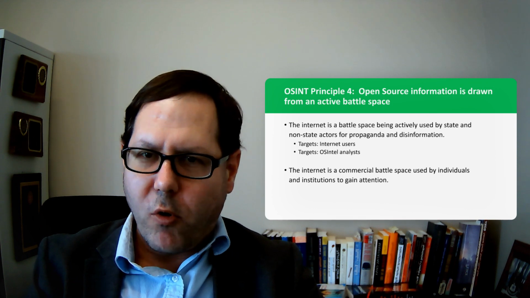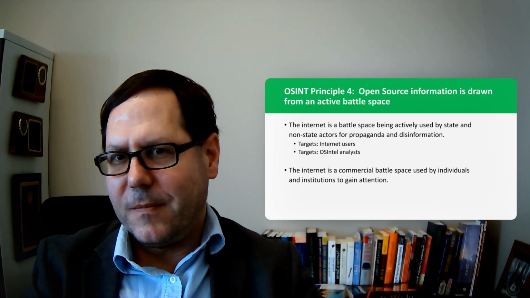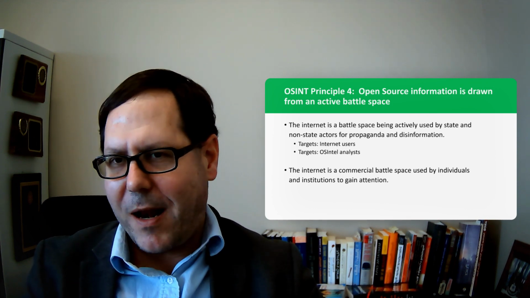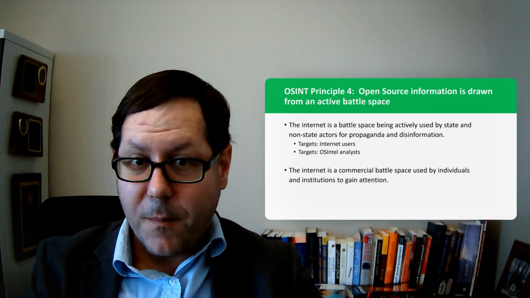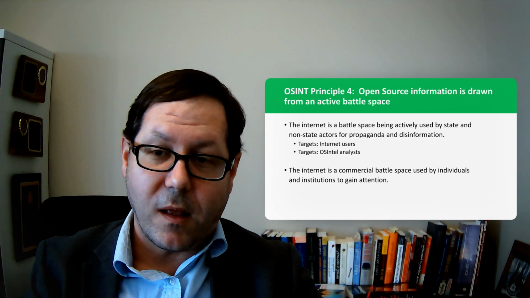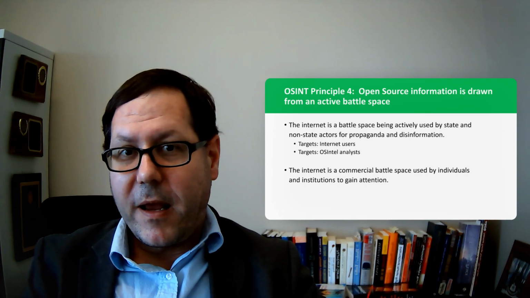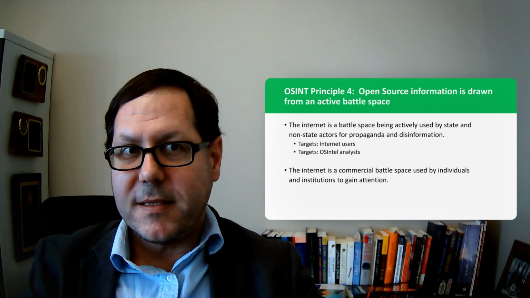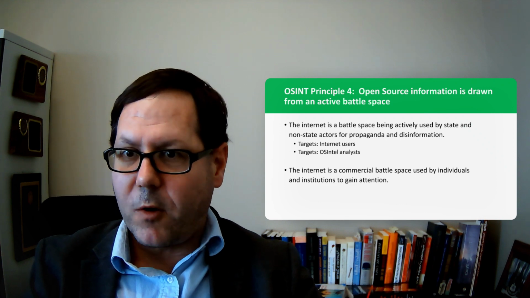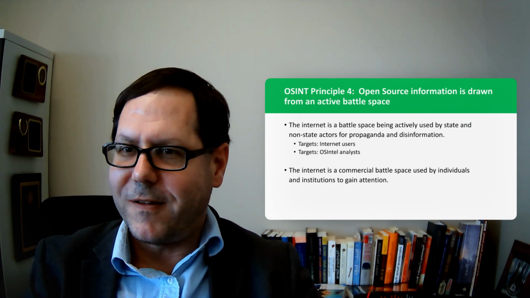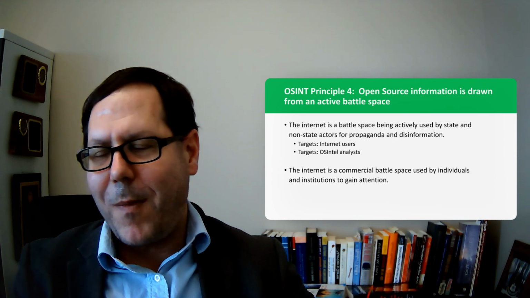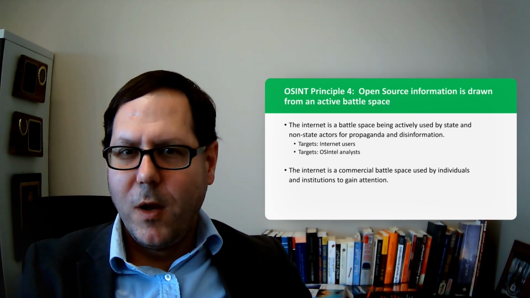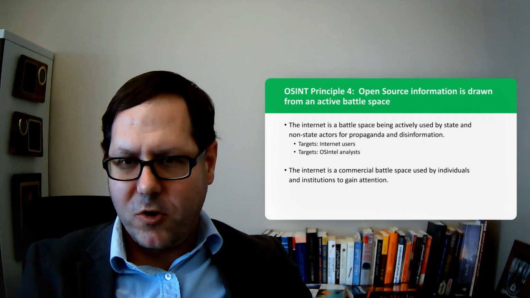And so it's important to be aware of that, not just in terms of an active battle space with hostile states, but also companies are engaging in this as well. It's a rigorous and dynamic and potentially dangerous environment in which to operate in terms of getting accurate, useful, helpful information from actors who may have every incentive to deny that kind of information to us.